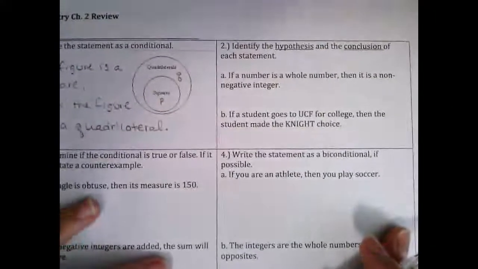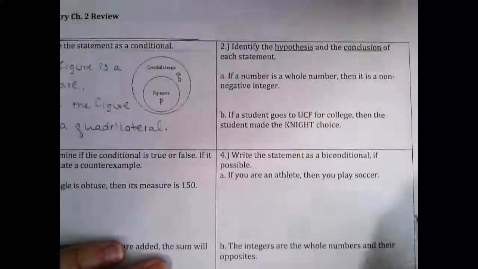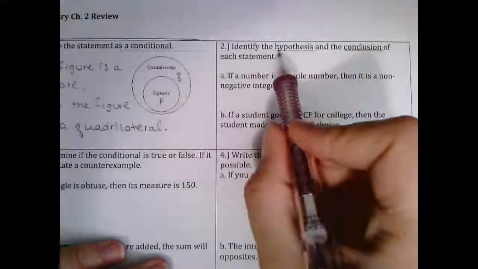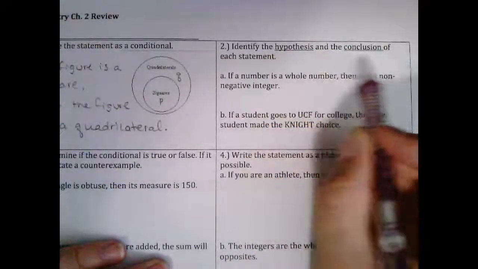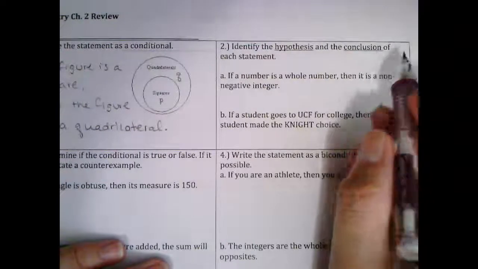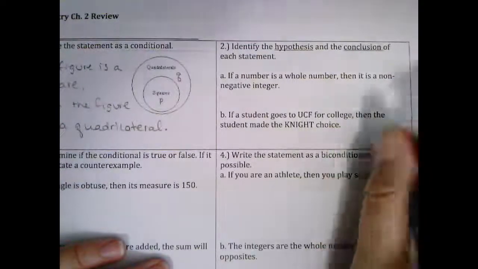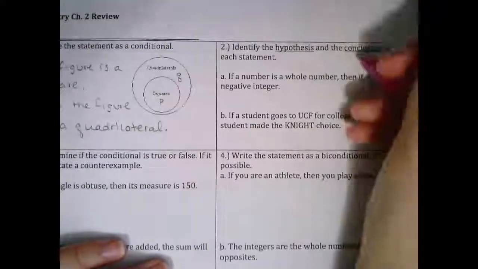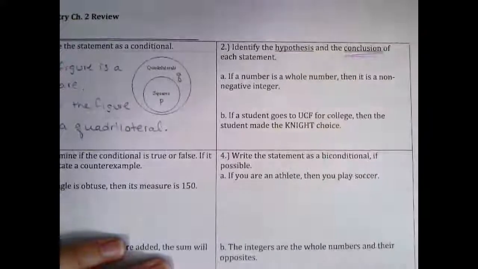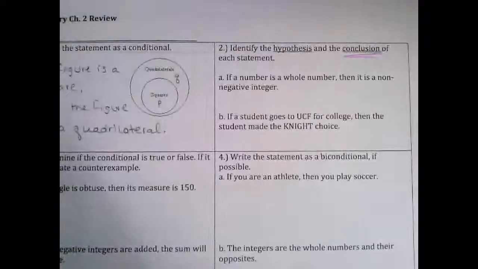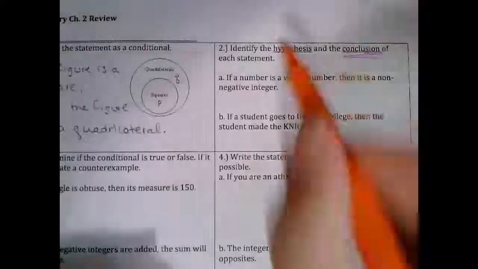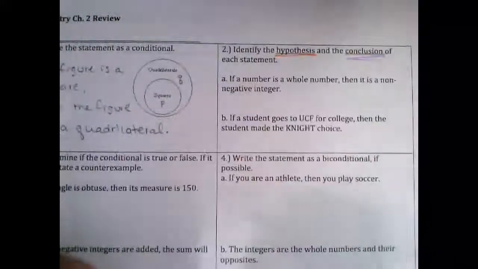For number two, you're just going to identify the hypothesis and conclusion. So what I want you to do is single underline hypothesis and then double underline conclusion. Or you could use colors if you want. You could underline conclusion in pink, and then underline hypothesis in orange or something like that.